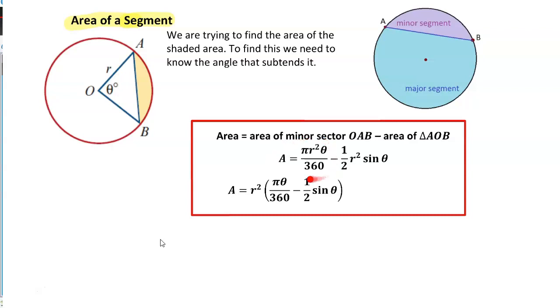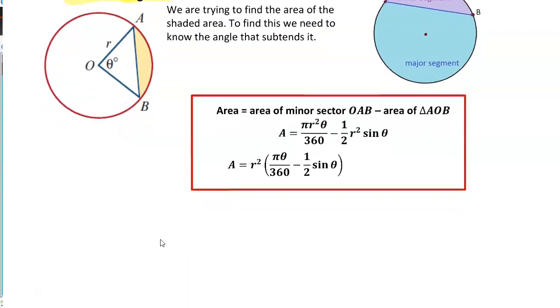So that's what we've done there. The area of the sector, take away the area of that triangle with its radius. Now it's being a bit simplified. Area equals r squared pi theta divided by 360 minus 1/2 sine, if you call that simplifying, but you know, I don't mind which version you use.